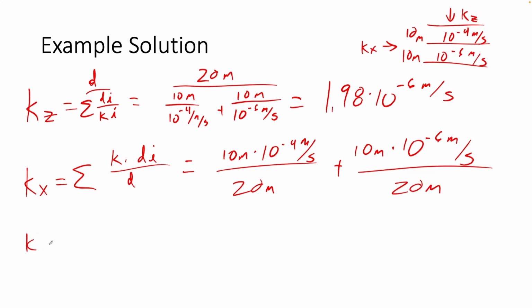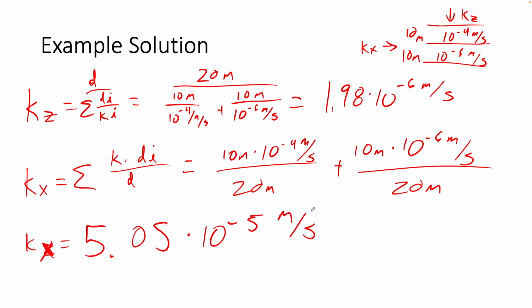In this case, your horizontal conductivity is going to be 5.05 times 10 to the negative 5 meters per second.